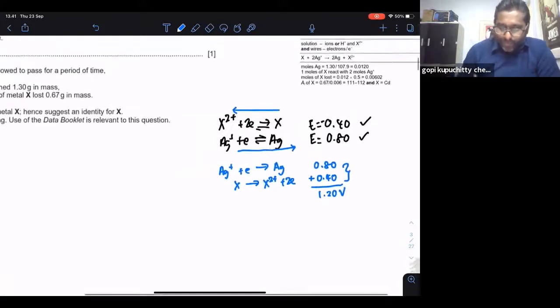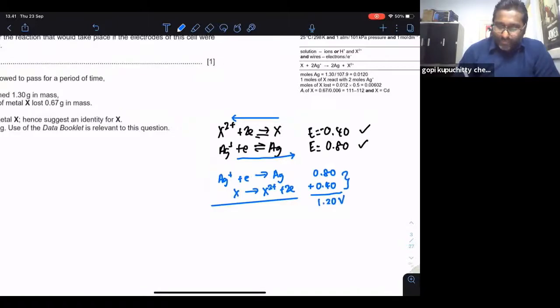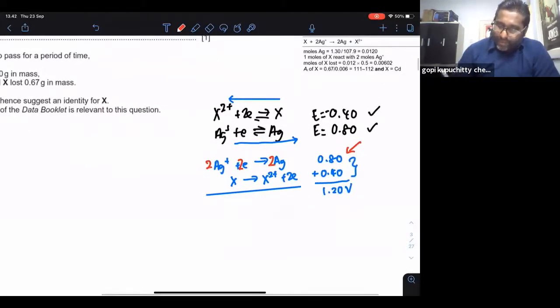And then if I want to find out the equation, you need to balance the equation. So you see the 2 electrons, so you need to times this by 2. So this one is going to be 2. Do remember, don't go and times the E value by 2. This is another common mistake that students always do. Don't do that. And then you just add, the electrons will be gone.